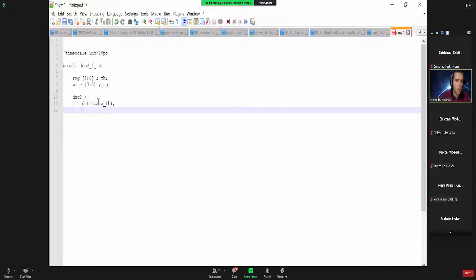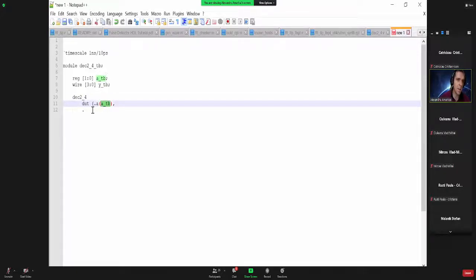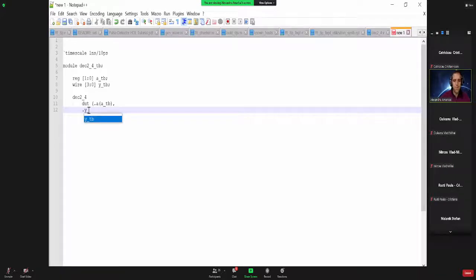When I make an instantiation, I usually use this point-based version. So on the port A, I'm going to map the signal ATB. There is also the possibility of using, like in C or Java when you call functions or methods, just the list of parameters.